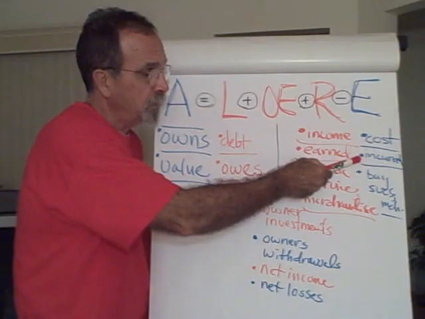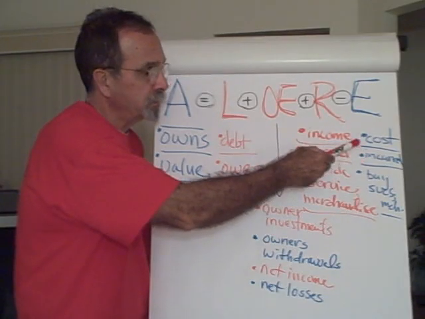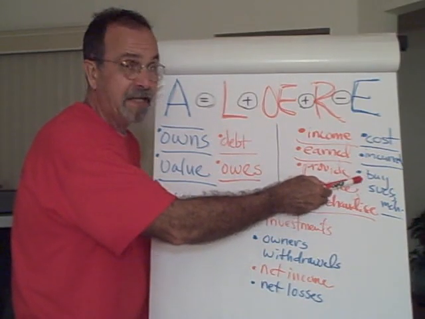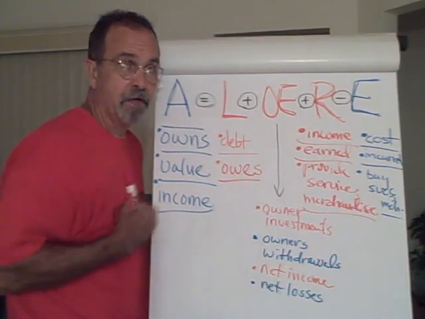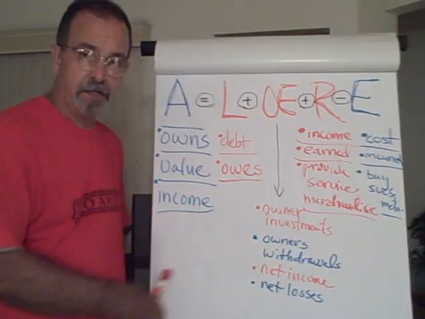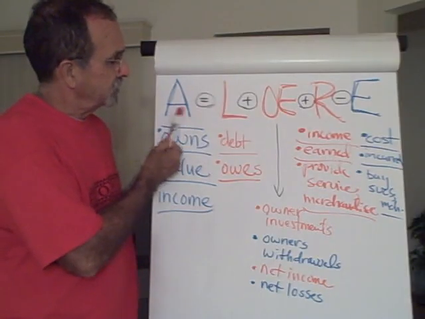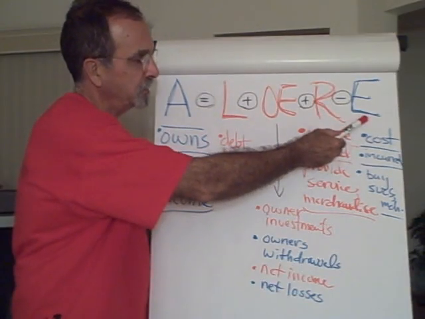That's a new term, incurred, I-N-C-U-R-R-E-D. Costs are incurred by the business through the buying of services and merchandise for our use in the production of income and in the running of the business. So again, we have assets, liabilities, revenues, and expenses.